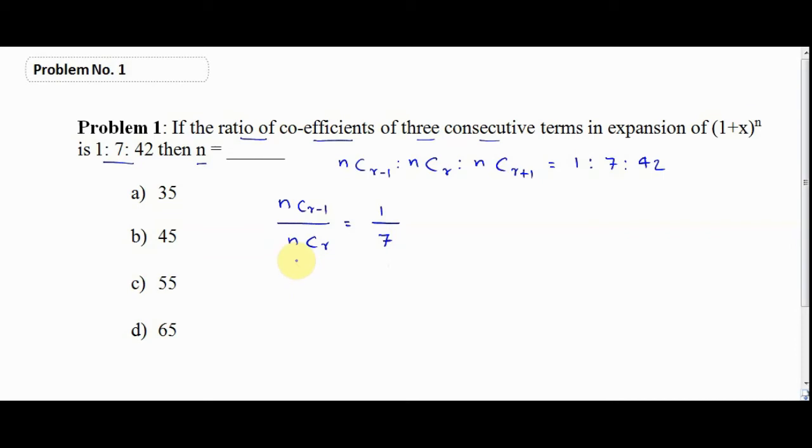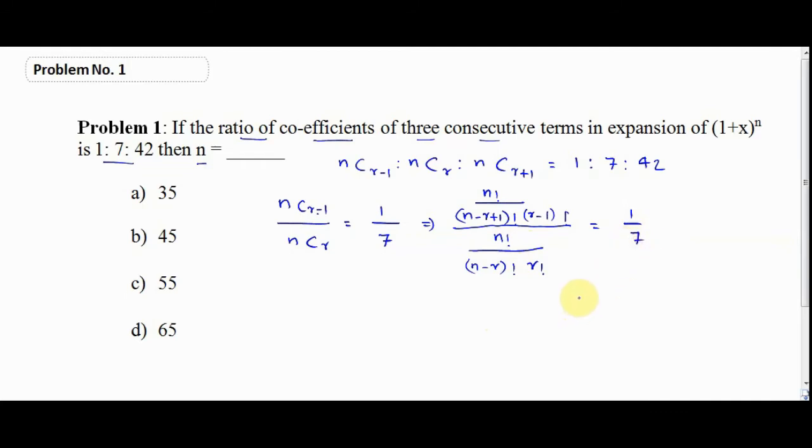Now, if we expand nC(r-1) and nCr, nC(r-1) is n factorial divided by (n - r + 1) factorial into (r - 1) factorial, divided by nCr, which is n factorial divided by (n - r) factorial into r factorial. This is given to be equal to 1/7.